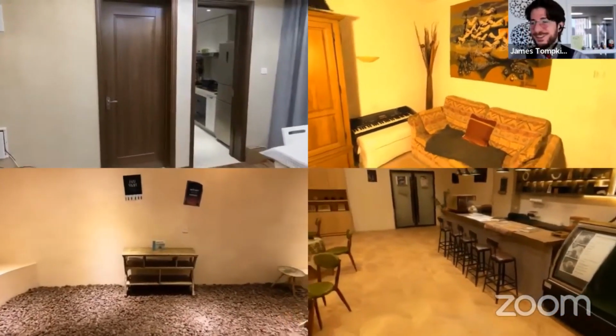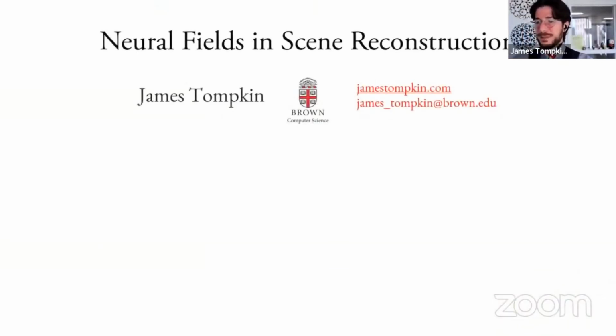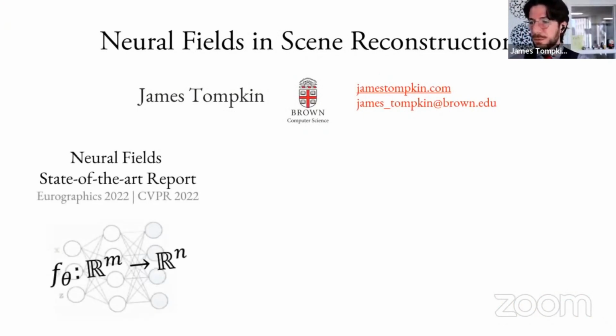All right, so let's just wrap up. We talked a bit about neural fields for scene reconstruction. If you're interested in this area, please let us know if it's useful. The state of the art report and then the CVPR tutorial, we have a whole set of slides and video recordings from the day, and they go through all of the different permutations and foundations for these neural field methods.